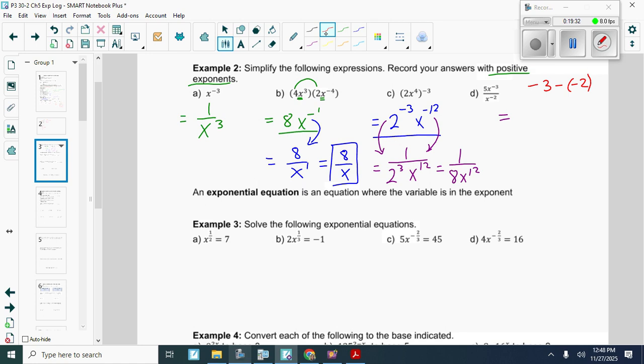When you see 2 negatives, you go bang, bang, and the 2 negatives become a positive. So this actually becomes -3 plus 2. So this is 5 to the -1, which means that you got to move the x to the bottom.